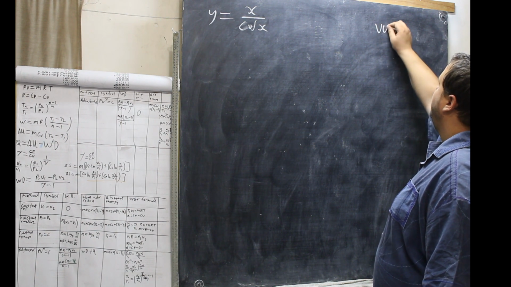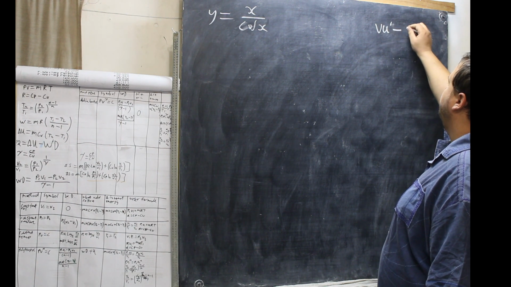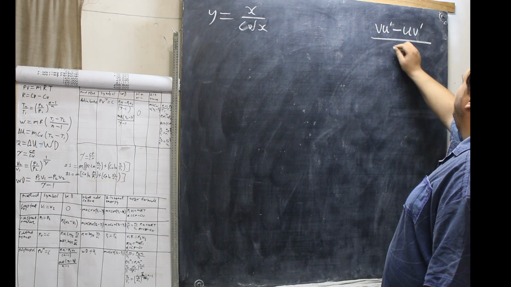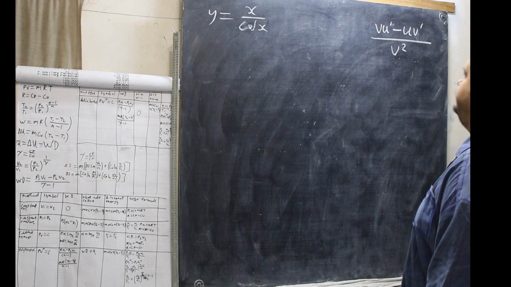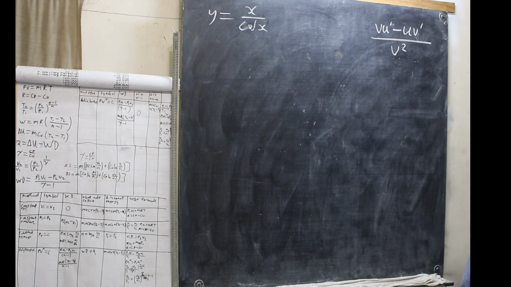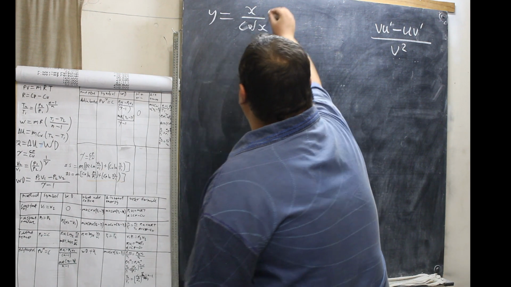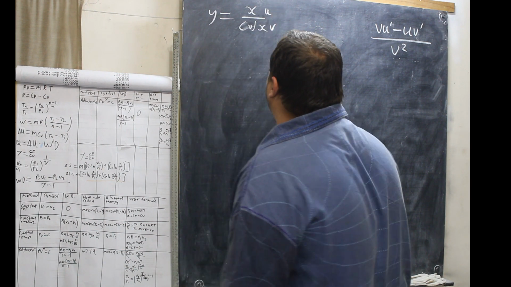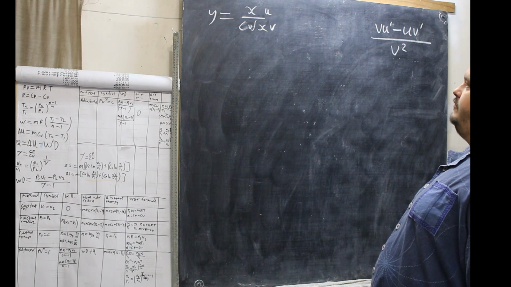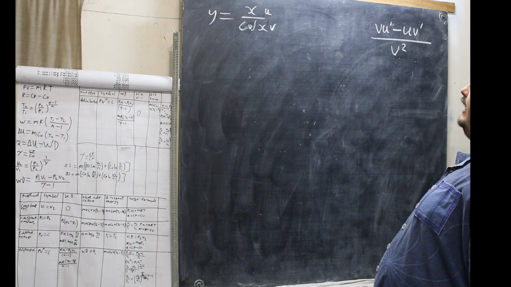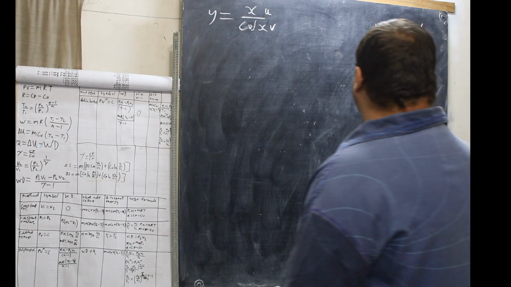It is v u prime minus u v prime all over v squared. Alright, now what we're going to do now, always v is the denominator, always. Always v is the denominator and u is the numerator.